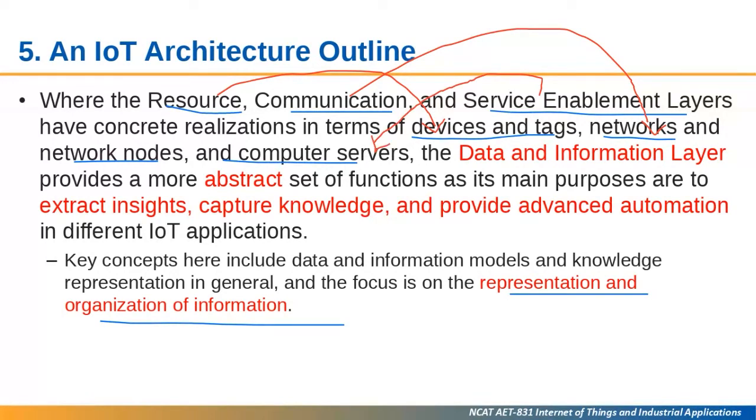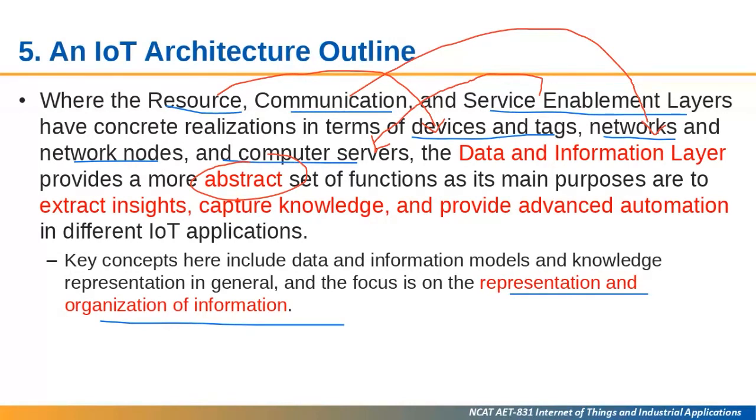But for the data and information layer, which we are talking about, it's more abstract because it does not have a specific physical counterpart like before. So this layer focuses on the representation and organization of information. In other words, any functions that can realize this can be considered part of this layer. Remember that layers do not need to be physical items.